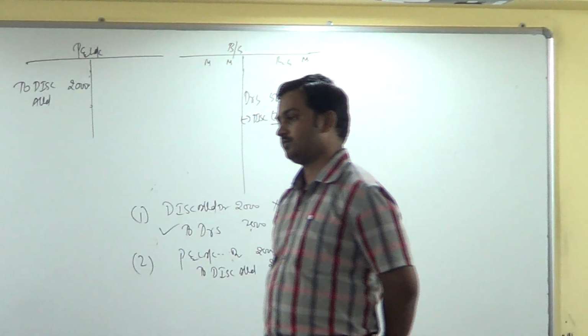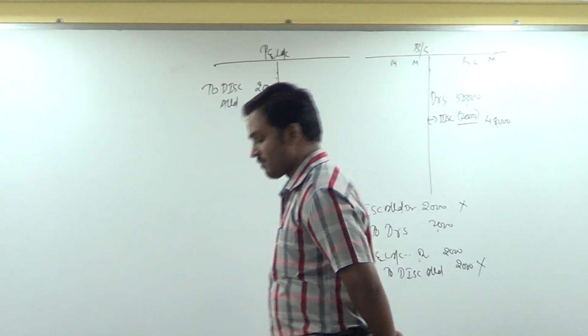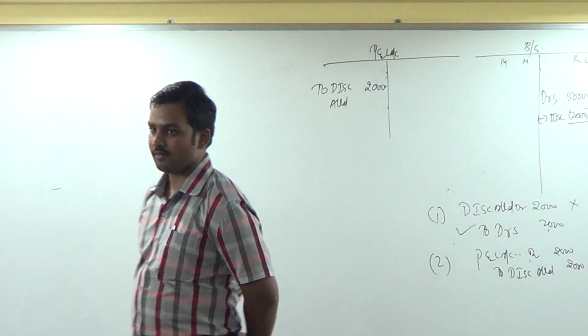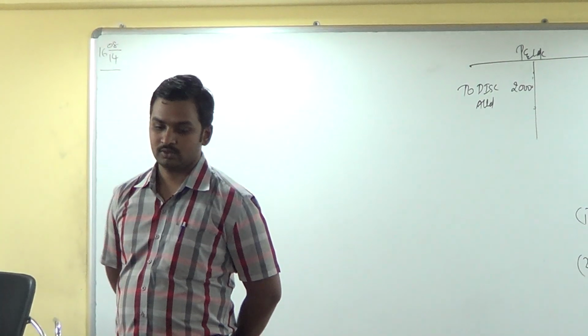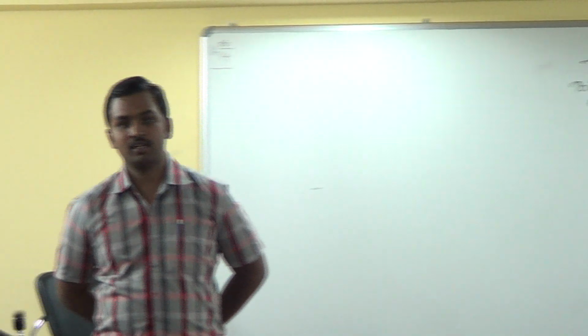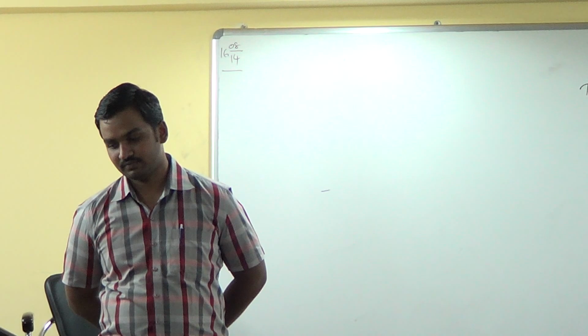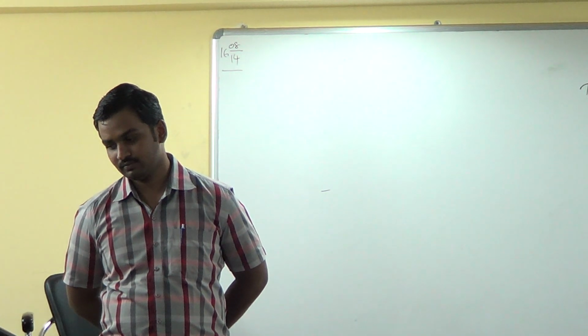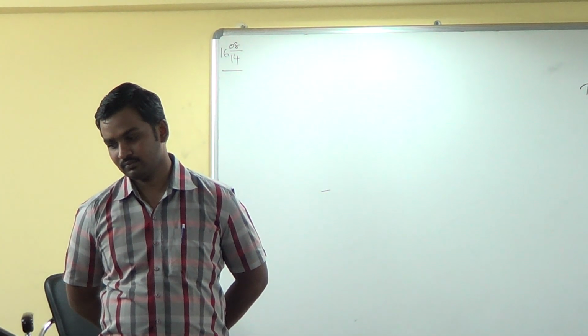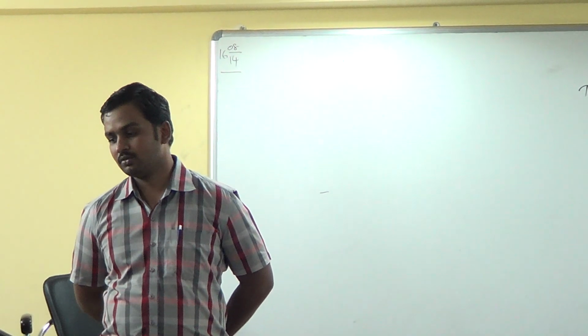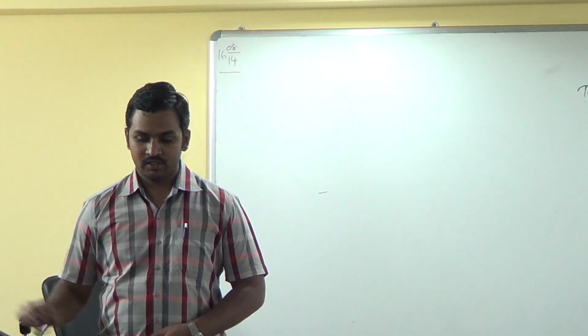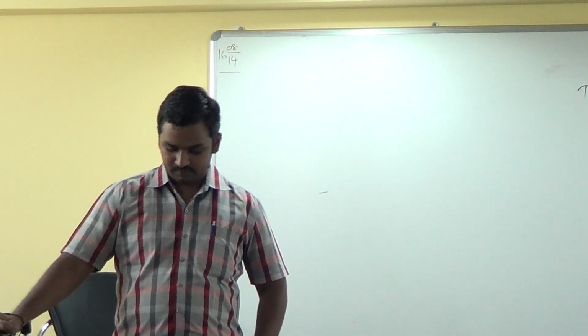Adjustments, number 1. Allow a discount of 1000 rupees to the debtors.